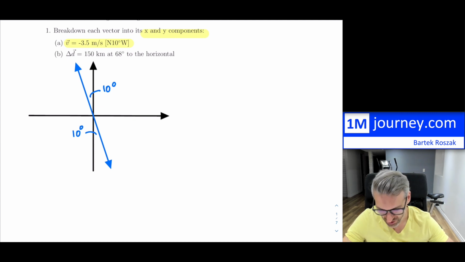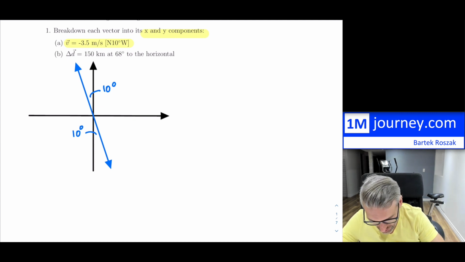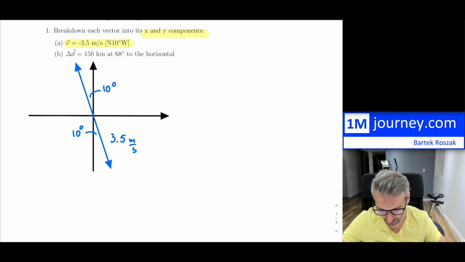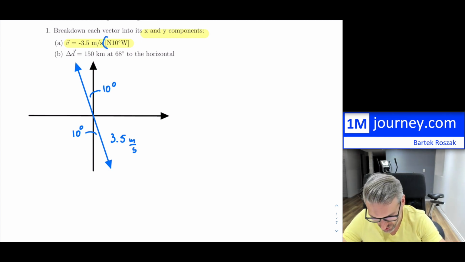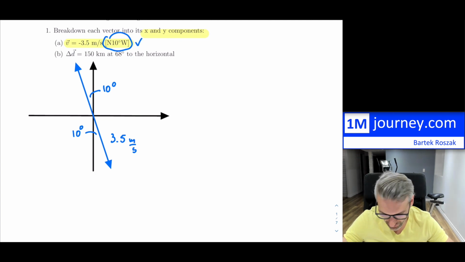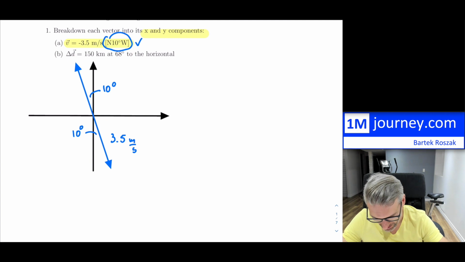Okay, so now we can start calculating this. Once you do this, it becomes positive. So this is 3.5 meters per second, now positive, but in the opposite direction of the actual direction they gave us. Now if you want to break this down into its x and y components, I'm going to make a right angle triangle out of this.